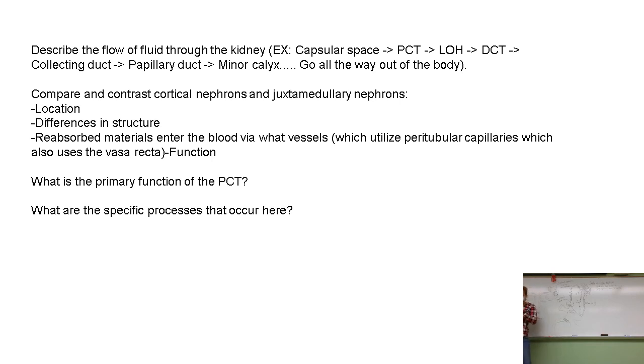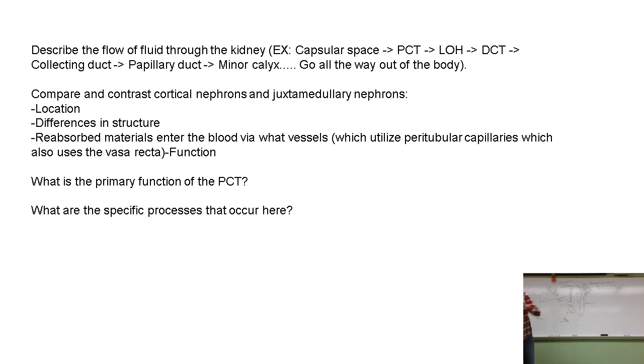The water is going to cross to the side that has more solutes. So that's what we see happening in the nephron loop. We'll talk about the specifics: part of it we reabsorb the sodium, and part of it we reabsorb the water. But in general, the overall point of this loop is to reabsorb sodium and water.